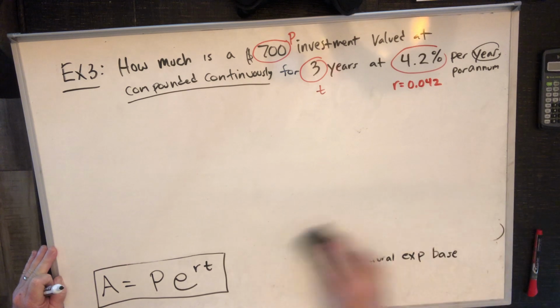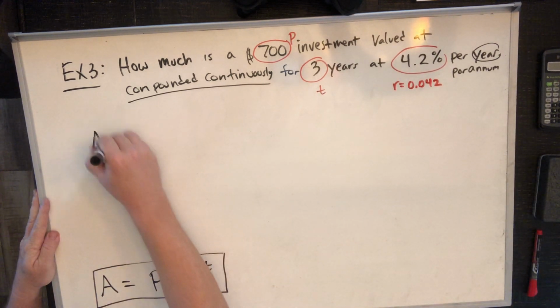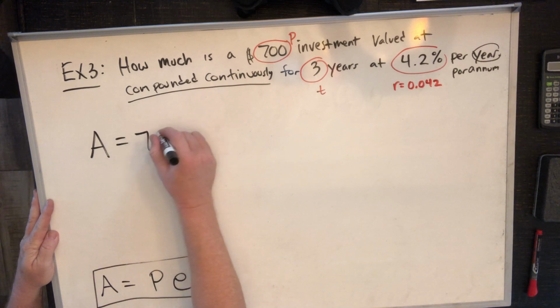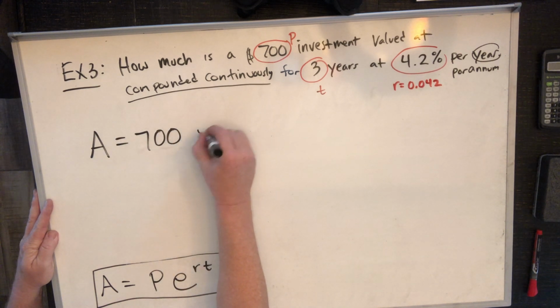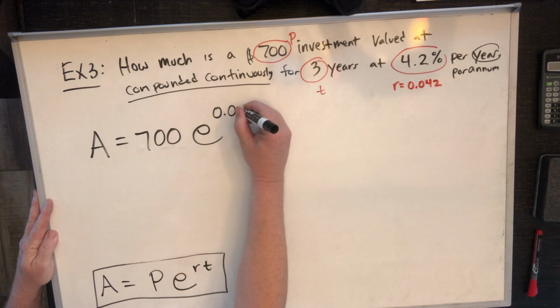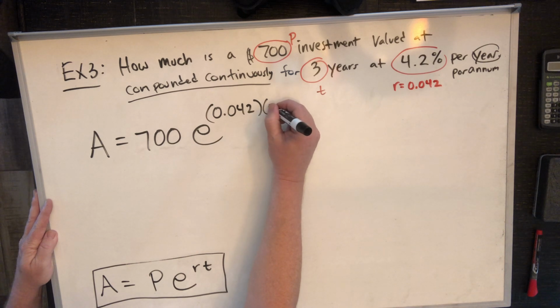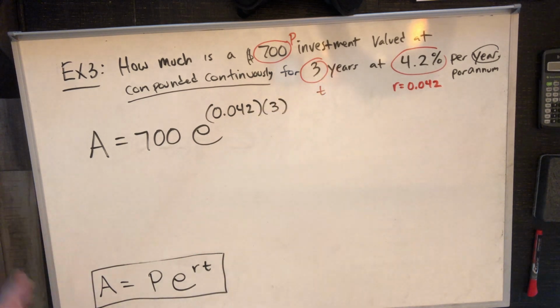We've got our handy dandy PERT formula here. So the amount is $700 times e to the 0.042 times 3 years, a 3-year investment, or a 3-year loan, however you want to think about it.